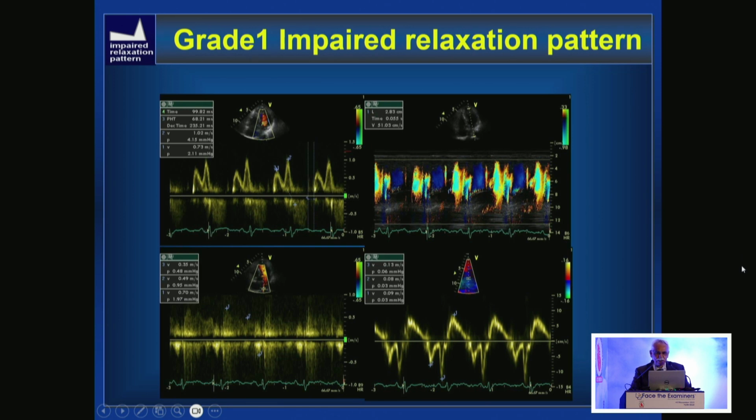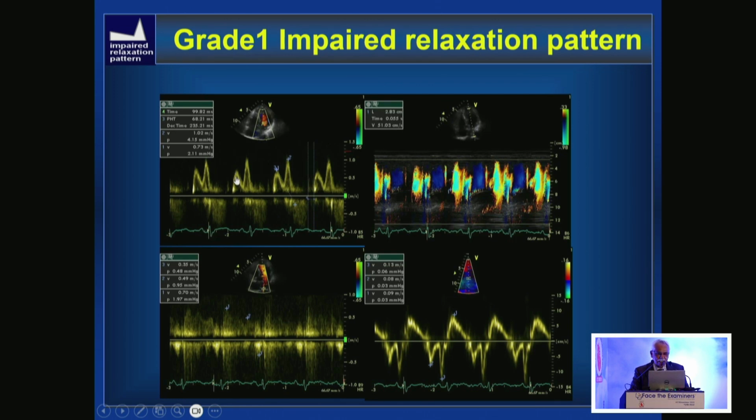This is one of the older classifications, grade 1, grade 2, grade 3, and grade 4, based on the left atrial outflow pattern, tissue Doppler imaging from the mitral and septal mitral annulus, and the pulmonary venous flow pattern. You can use the flow propagation velocity also.